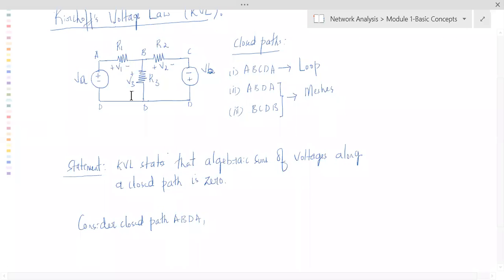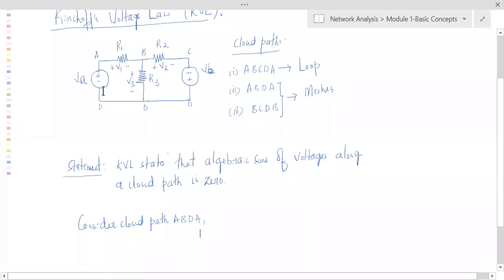Okay, so let's all move in clockwise direction. When we are moving in clockwise direction, the voltage that I'm coming across now is VA. See the pointer, I'm moving in clockwise direction. The first voltage I come across is VA.